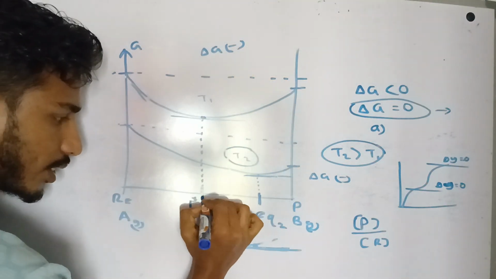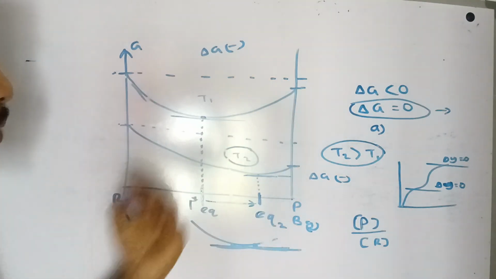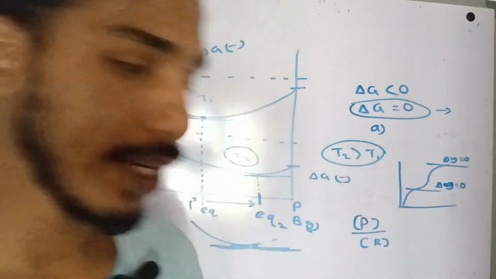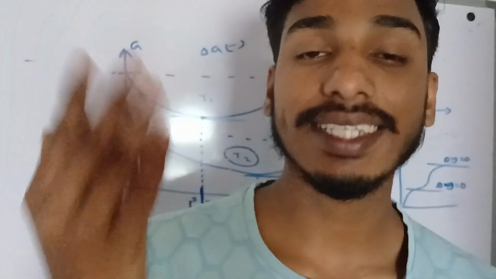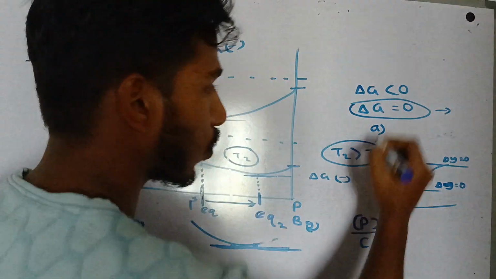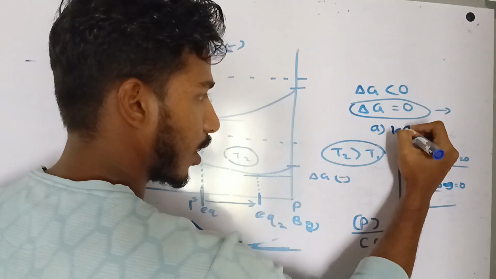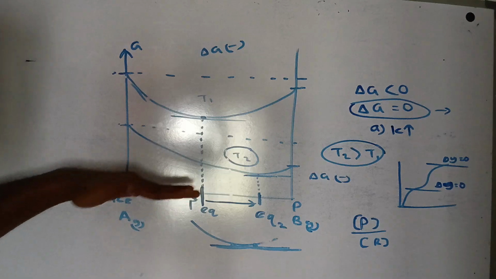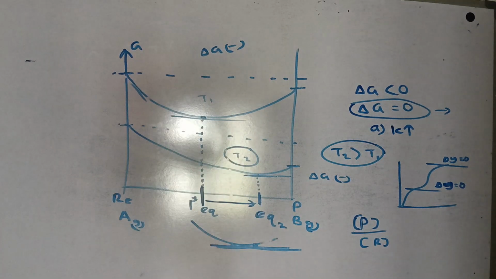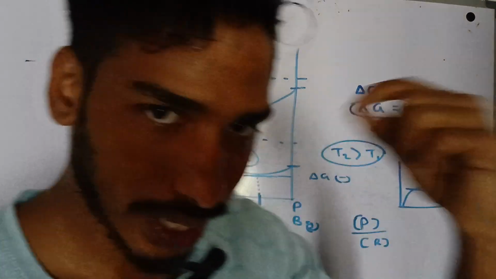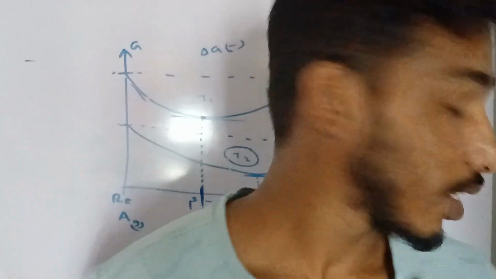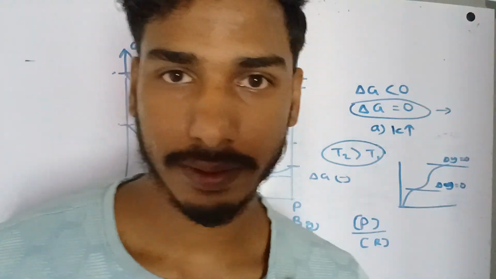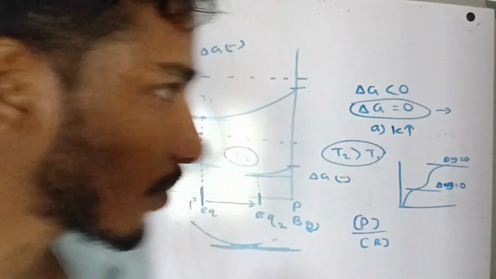It was around here, then it has moved more towards the product, which means the equilibrium constant has increased. You can just look at it from the graph, since it is moving more towards the product. That's the first thing. So if more products are getting formed, its equilibrium constant is increasing. That's the logic you should understand.